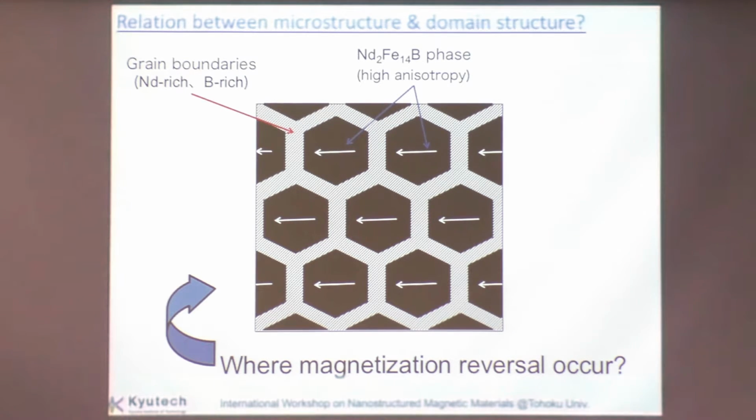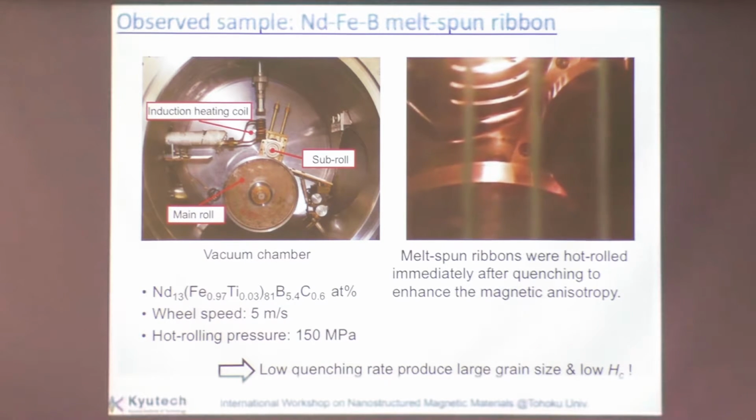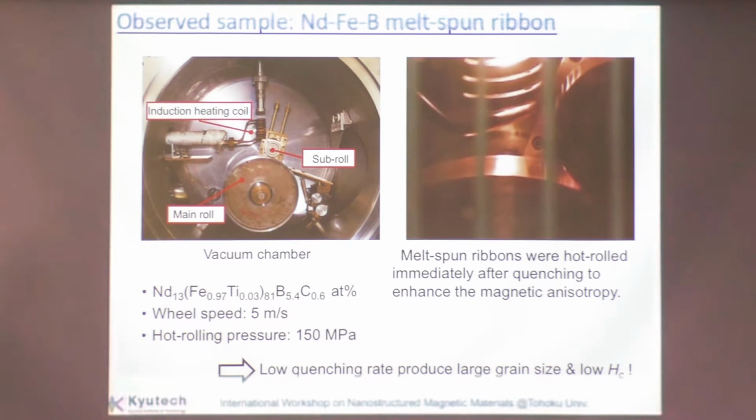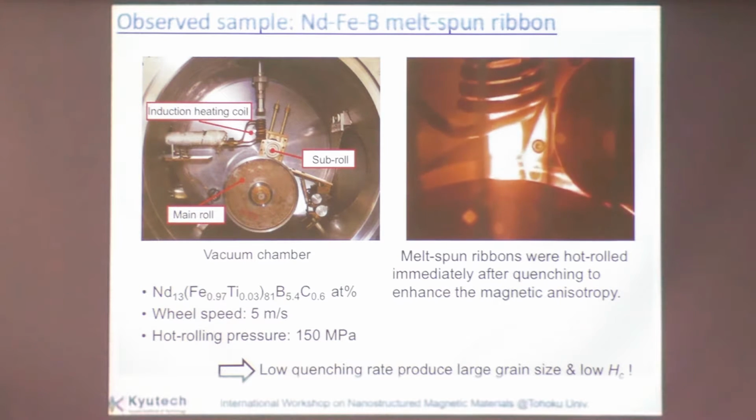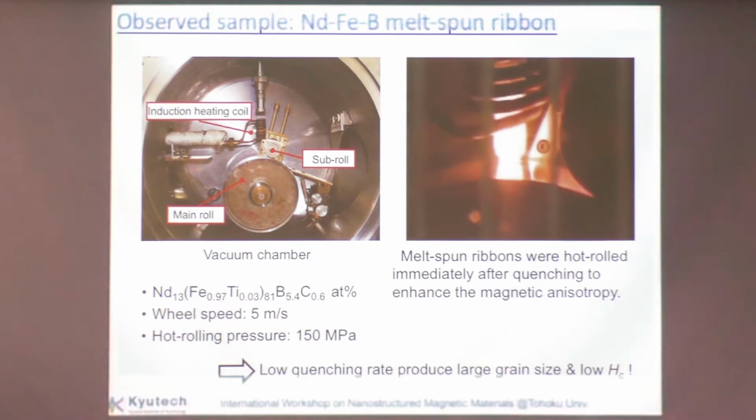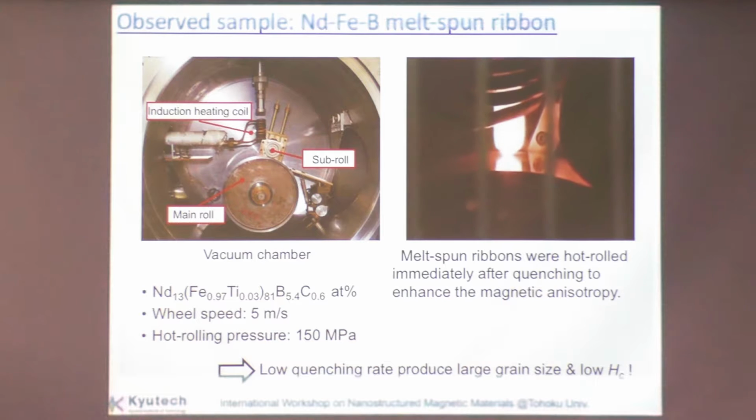So we observed the microstructure of the magnet at the same point by using the scanning electron microscope. The sample is a neodymium iron boron melt-spun ribbon. The melt-spun ribbon was fabricated as shown in this figure.